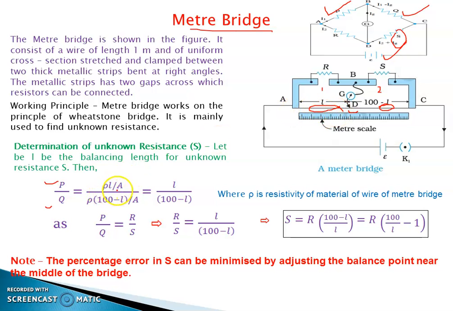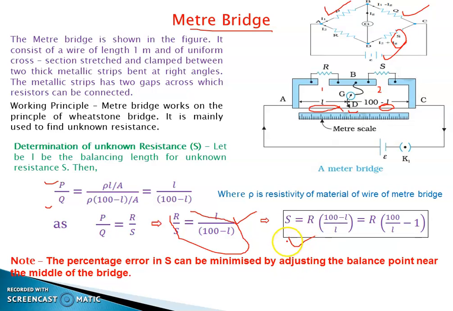So rho L by A divided by rho, now L is 100 minus L. So we should write it 100 minus L divided by A. Now after solving, we can get L divided by 100 minus L, and that is equal to R by S. It means R by S is equal to L divided by 100 minus L, right? So we can write S is equal to R into 100 minus L divided by L, right?